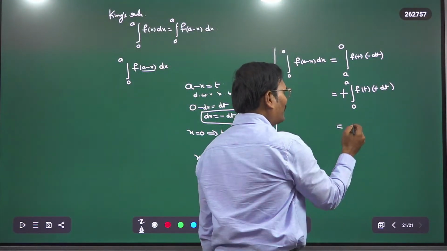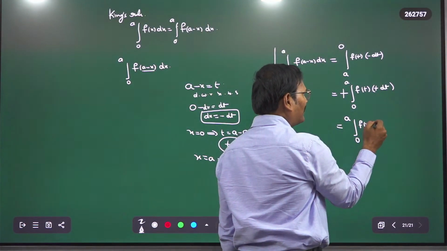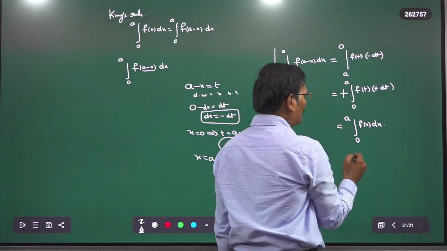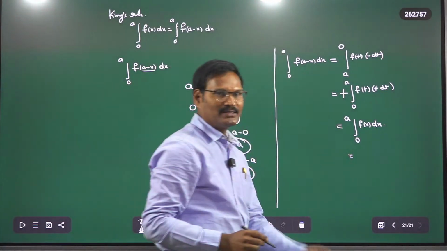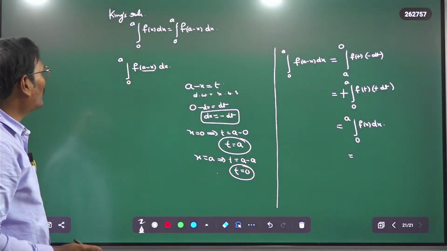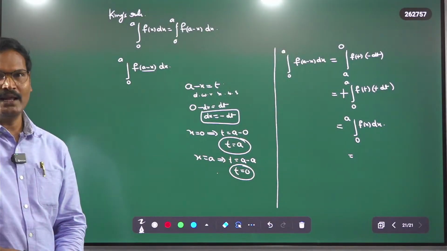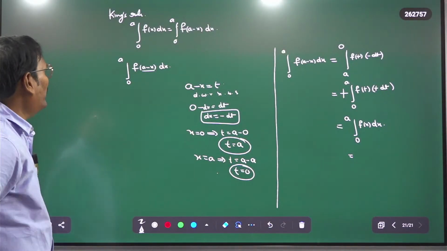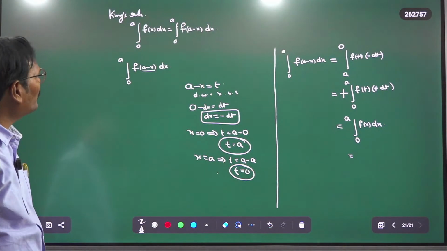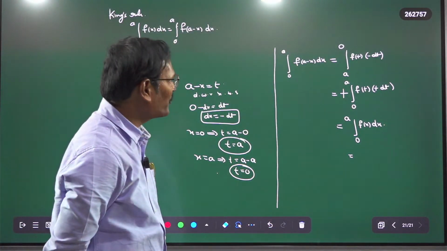From that we can write integral 0 to a f of x dx. So LHS is equal to RHS. It is proved. So this rule, King's rule, is very important. We can use this rule in many problems. Integral 0 to a f of x dx is equal to integral 0 to a f of a minus x dx. This is the proof for that.